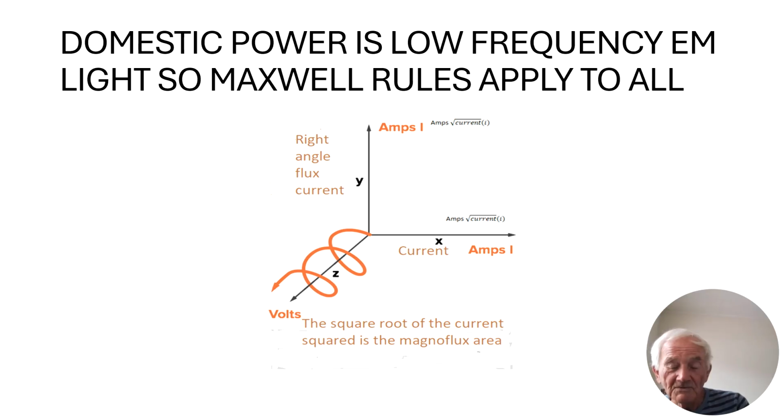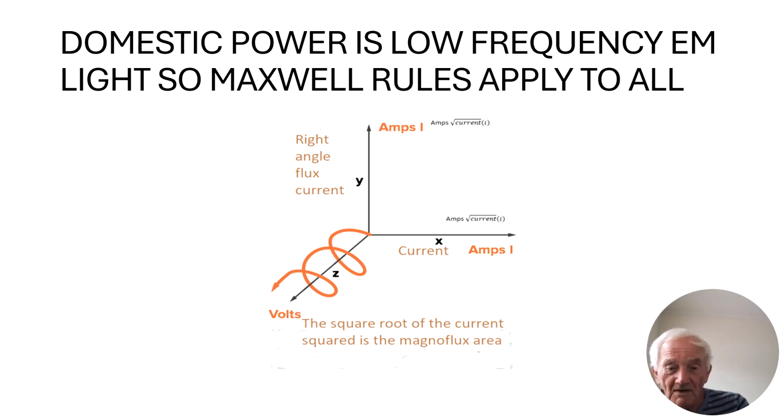The next picture shows that domestic power is low frequency electromagnetic light. So Maxwell's rules apply to everything and all of it. We have shown here the light again is in the Z direction because that is where the voltage is, which is pulling the magnoflux area forward.